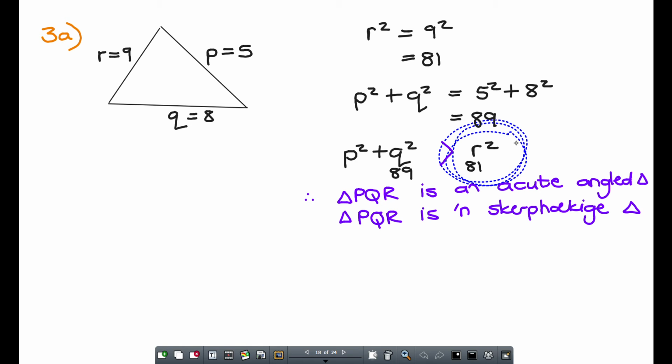Because Pac-Man is not biting towards it. So if my hypotenuse or the longest side becomes smaller, what happens to this angle? It also became smaller. So then it's an acute angle triangle.